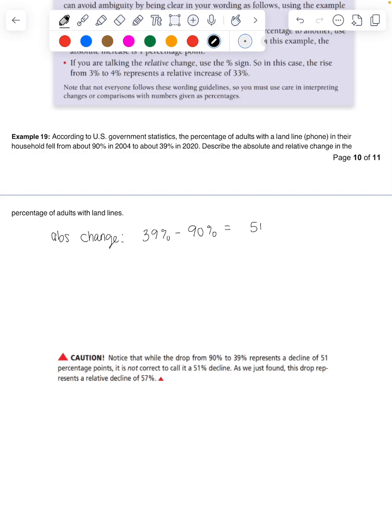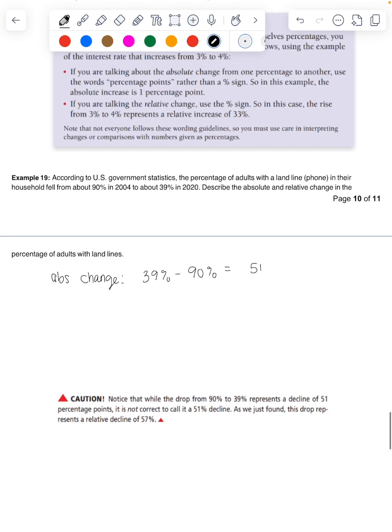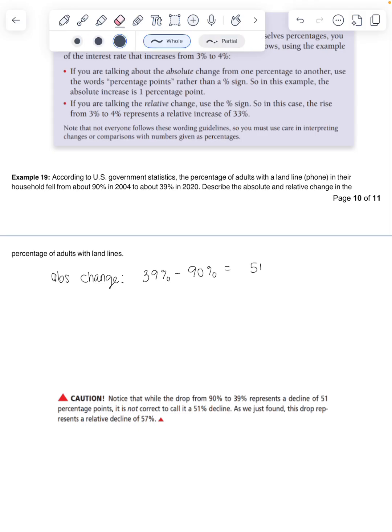So 51, how did we word it up here? The absolute decrease is 51 percentage points.